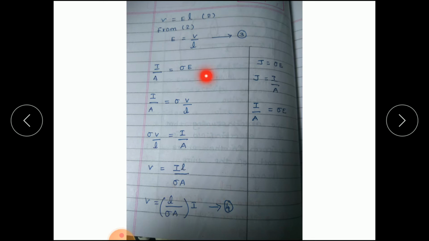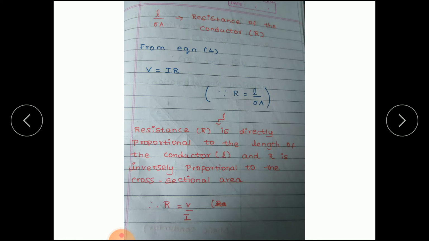Now take sigma V by L to the left hand side because we need V. So sigma V by L is equal to I by A, so that V is equal to I L divided by sigma A. Let's take L by sigma A alone and take I outside. Take this as equation number 4, and this L by sigma A is called the resistance of the conductor.